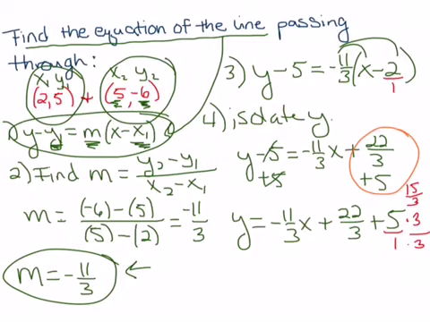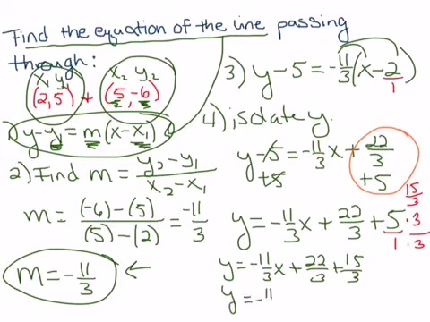Okay, so now I have y equals negative 11 thirds x plus 22 thirds plus 15 thirds. And when I combine those two terms, I get y equals negative 11 thirds x plus 37 over 3. And I'm finished.